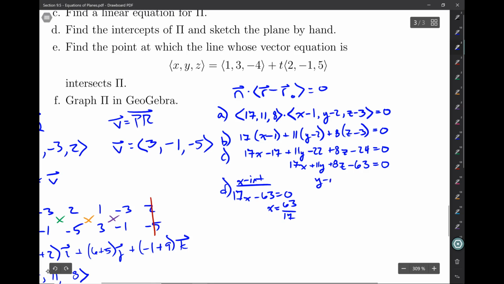To get a y-intercept, we want to let x and z be 0, so that we get 11y minus 63 equals 0, so that y is 63 elevenths. And to find the z-intercept, we let x and y be 0, and so we get 8z minus 63 equals 0, so that z is 63 eighths.